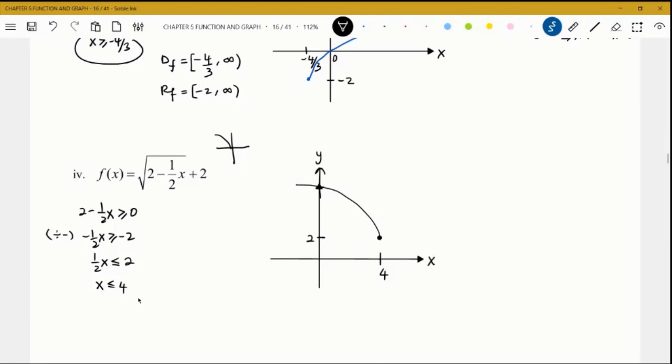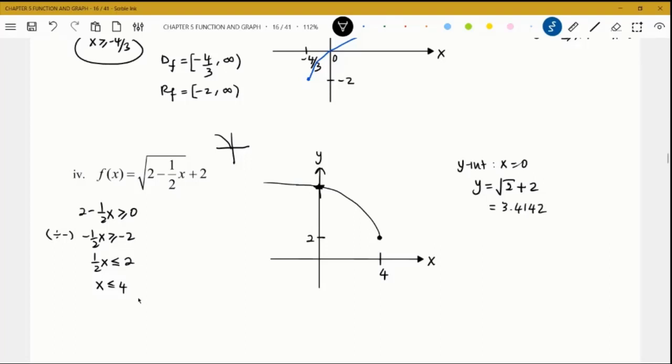So it means we have it, the y-intercept here. So y-intercept di mana x equal to 0. So y will be square root of 2 plus 2. Square root 2 plus 2 berapa nilai dah? 3.4142.